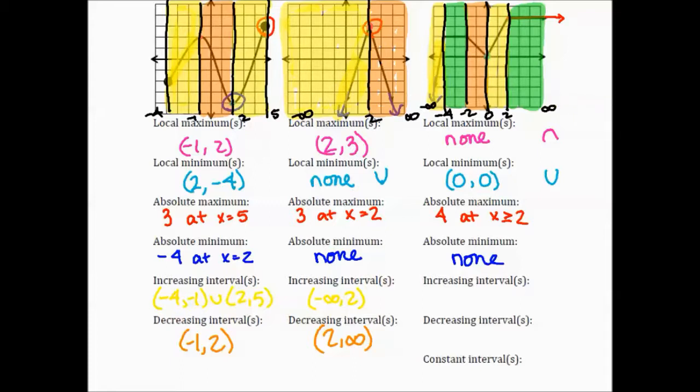So our graph is increasing between negative infinity and negative 4, and also between 0 and 2. Then our graph is decreasing between negative 2 and 0. And the graph is constant between negative 4 and negative 2, and between 2 and infinity.